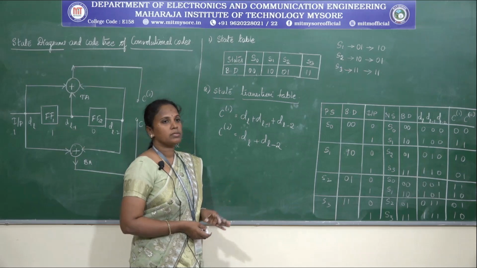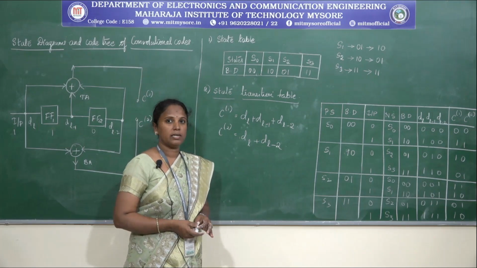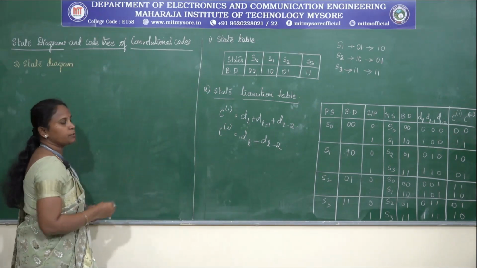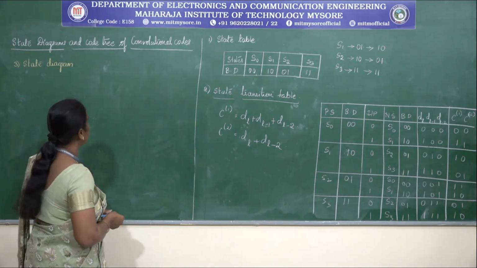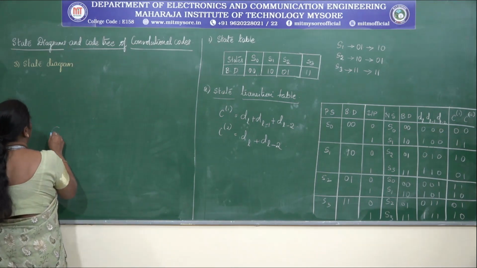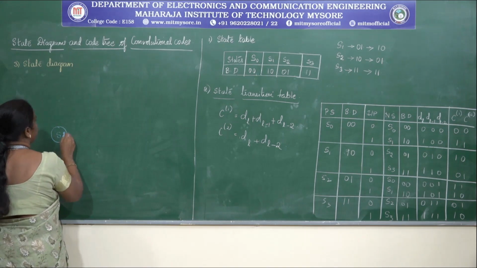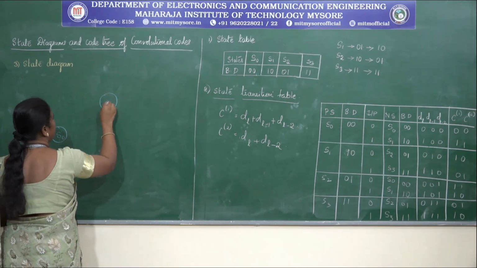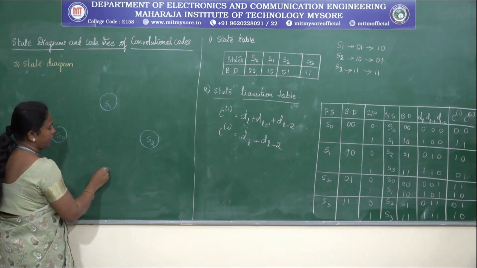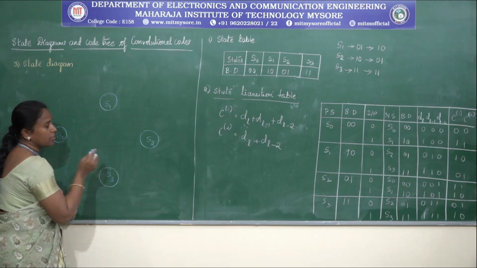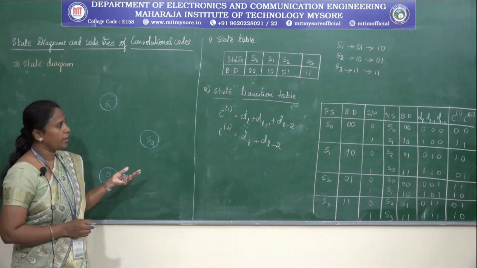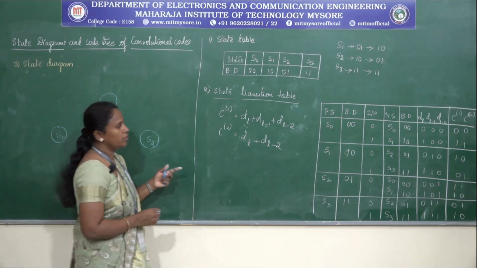Now, looking into the state transition table, let us write the state diagram. What are the 4 states we have? We have S0, S1, S2 and S3.